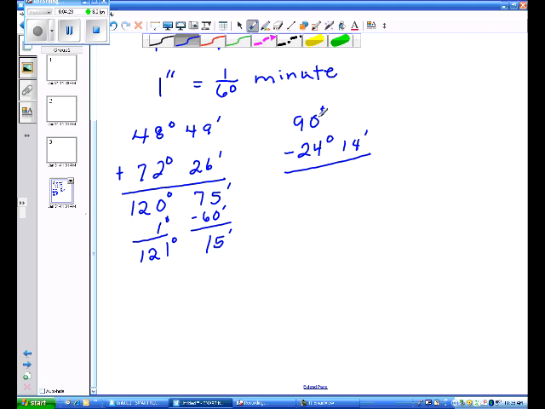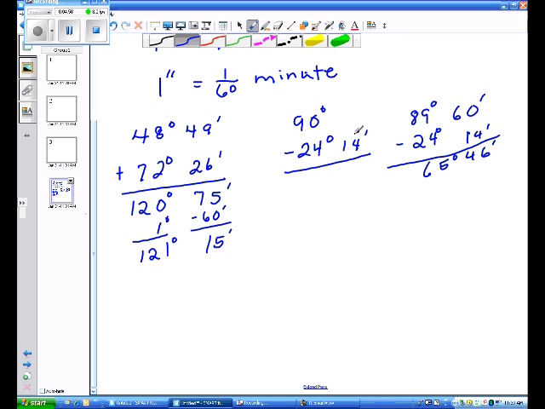We're going to rename this 90 degrees as 89 degrees, and that 1 degree that was left, we will rename to 60 minutes. Now we can subtract, because you subtract minutes from minutes. So we can subtract here, and we'll get 46 minutes. And when we subtract this, we get 65 degrees. So in our subtracting, we get 65 degrees, 46 minutes.